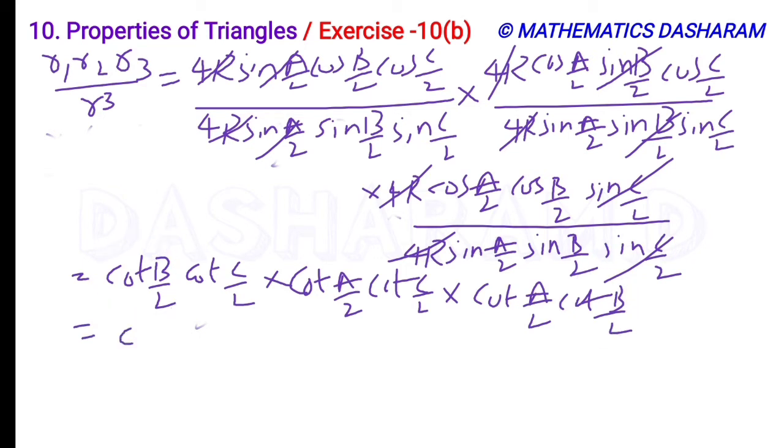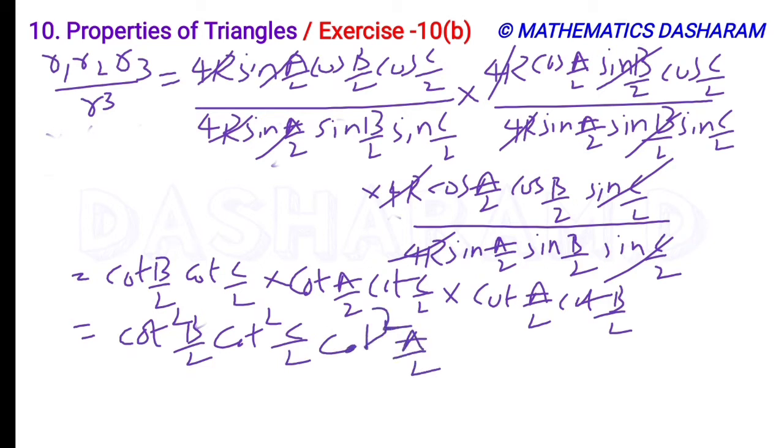So cot square B by 2, cot square C by 2, cot square A by 2. So it equals R1 into R2 into R3 divided by R cube.